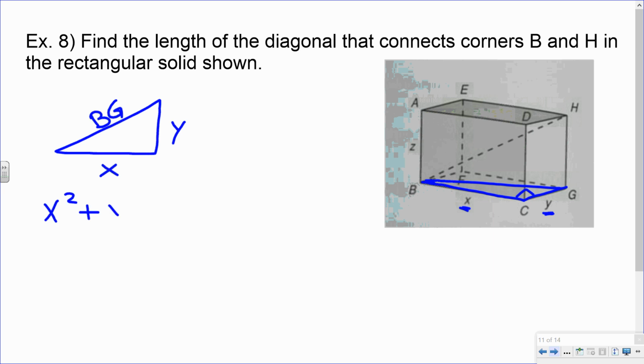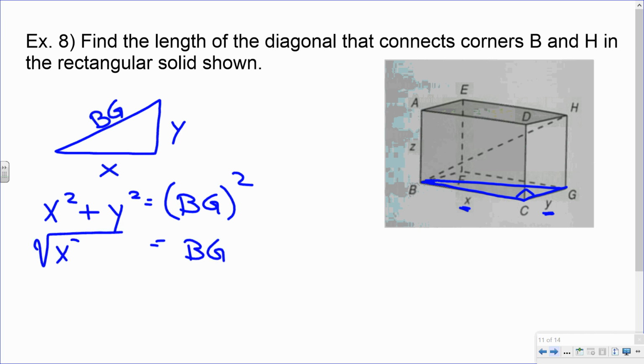I know x squared plus y squared is BG squared. So I know BG is the square root of x squared plus y squared. So now I know how long this diagonal is along the bottom of the box.